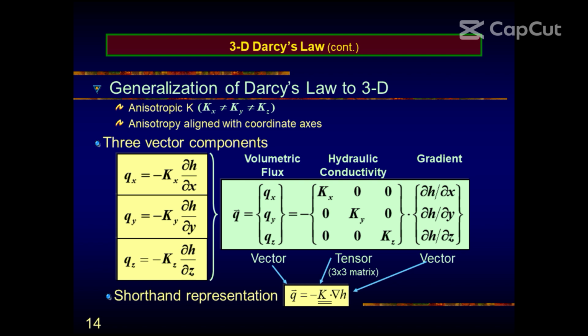All right. So I think now this is the flux vector, written in terms of the tensor, hydraulic conductivity, and the gradient del H. So this is the slope, H1, H2.